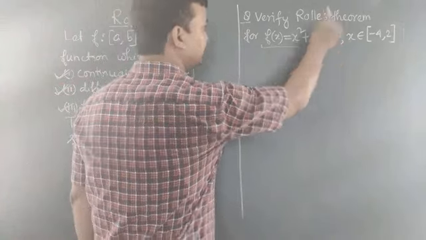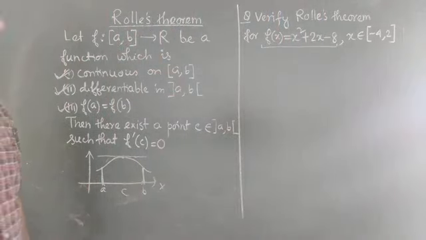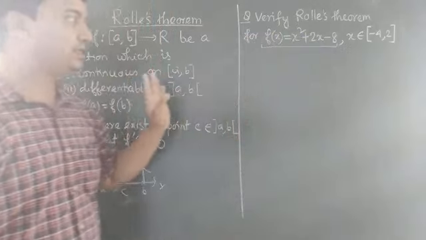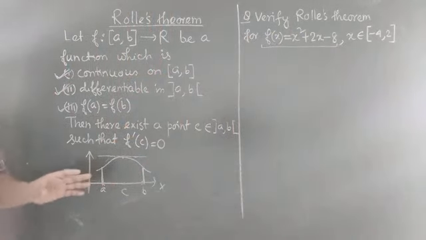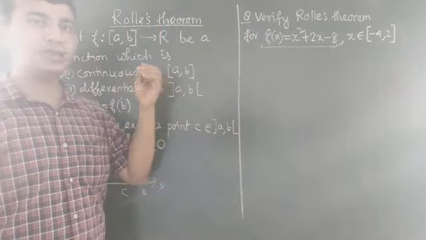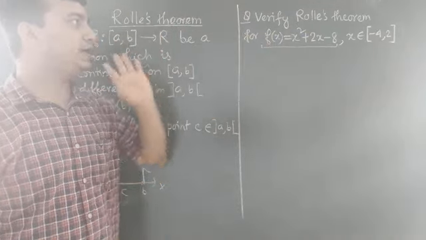First of all, the function x square plus 2x minus 8 is a polynomial function, and every polynomial function is continuous as well as differentiable in the given interval.